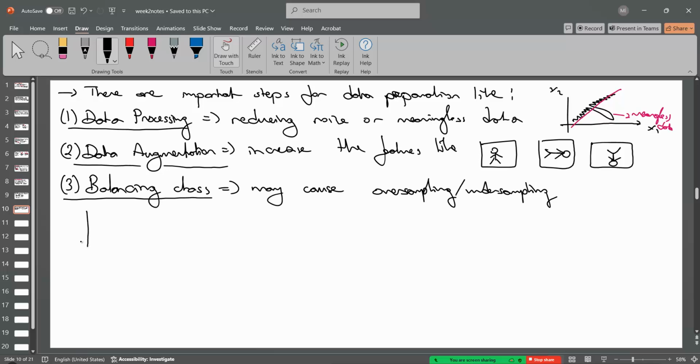For example, if we have a data set like this one, this is the X and this is the Y, and we can generate a sinus signal here, just like this one. In this case, maybe randomly only this part is trained, but we also have this one.